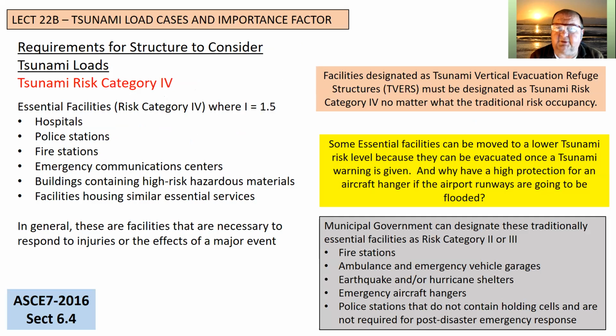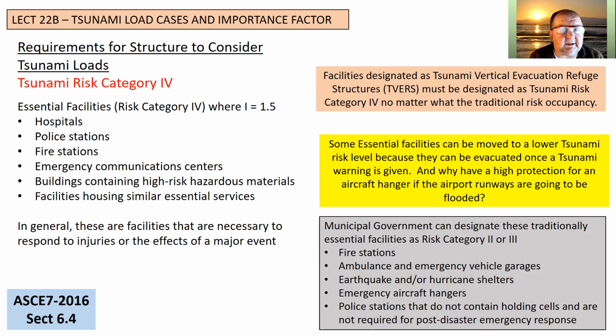So hospitals, police stations, fire stations, emergency communications, the types of first responder buildings that we need active immediately after a tsunami, these are the highest risk. If they're high risk hazardous materials, something escapes from this building, it's going to produce a large risk to a large amount of people outside of the building.